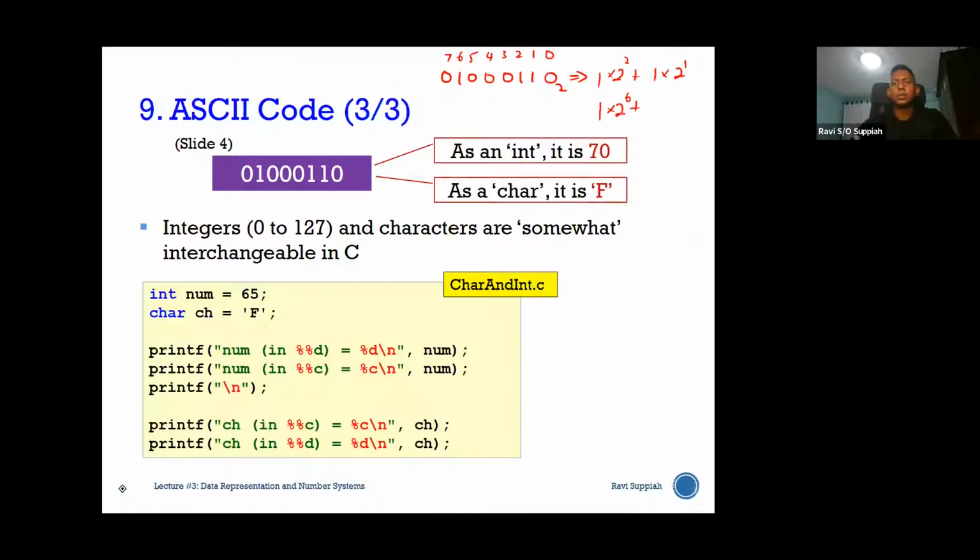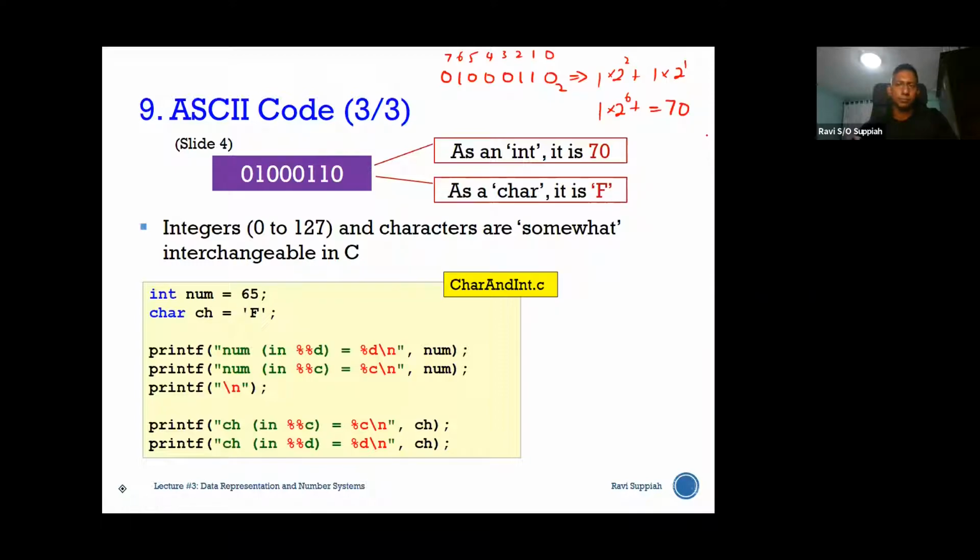Okay, so let me see. This is 64. 64 plus 4 is 68 plus 2 is 70. So this will give me 70.